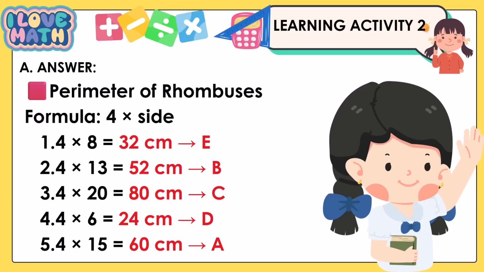Number 1, 32 centimeters, letter E. Number 2, 52 centimeters, letter B. Number 3, 80 centimeters, letter C. Number 4, 24 centimeters, letter D. And number 5, 60 centimeters, letter A.